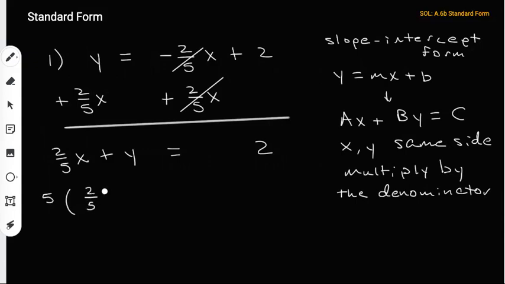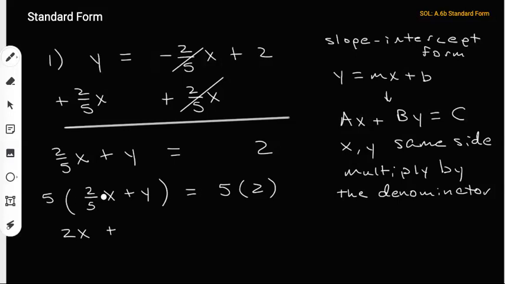So I'm going to put the left side in parentheses like this, and I'm going to put the right side in parentheses and multiply it by 5. So now what happens is the 5 and the 5 right here are going to cancel out, leaving me with 2x. I bring down my plus sign.